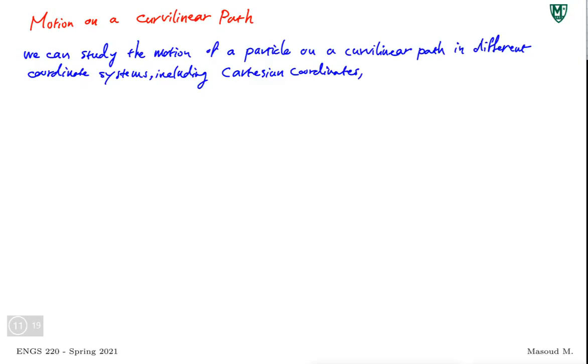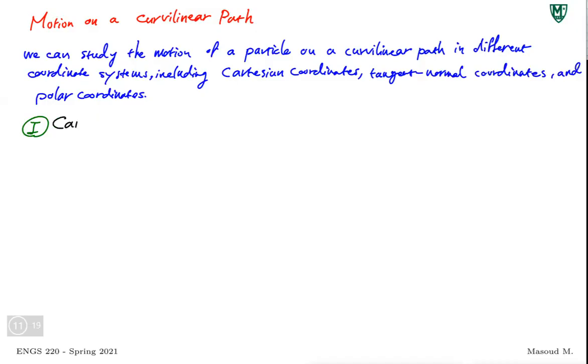You can think about it this way: tangent normal coordinates, and polar coordinates. And let's start with the straightforward one, which is basically the Cartesian coordinates.